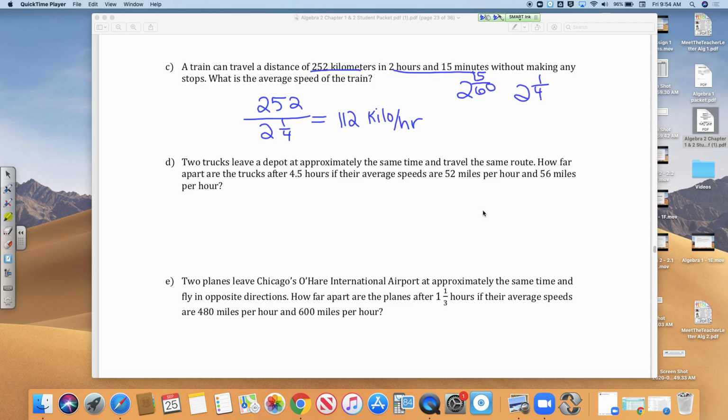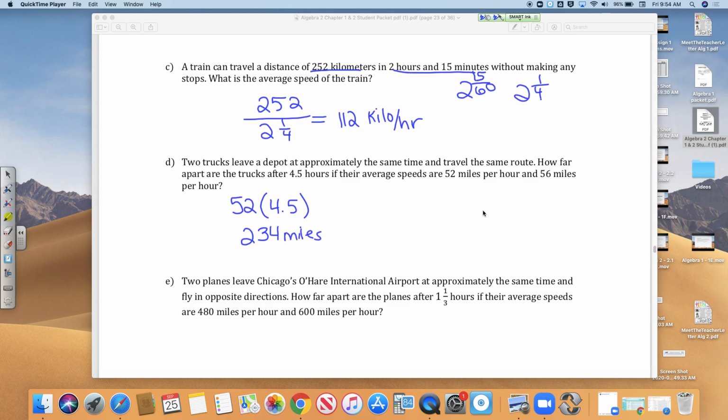In letter D, we have 2 trucks leave a depot at approximately the same time and travel the same route. How far apart are they after 4.5 hours if their average speeds are 52 miles per hour and 56 miles per hour? So for the first truck, I know that it is going 52 miles per hour. So to see how far it goes in 4.5 hours, I would multiply 52 times 4.5 and get 234 miles.